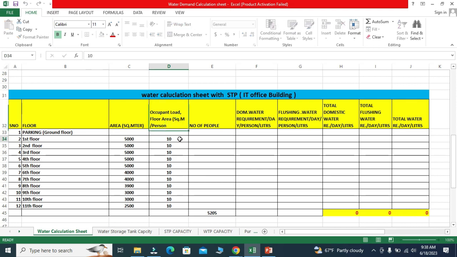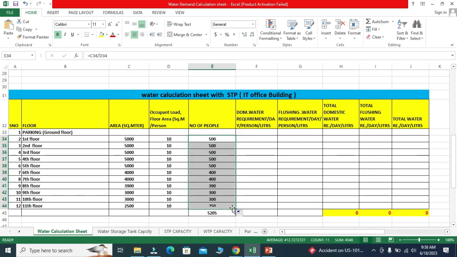So let's calculate the number of persons, equal to area divided by this one. Here, on the first floor, how many persons will be there? 500. In this way we can calculate in a similar way on each floor.